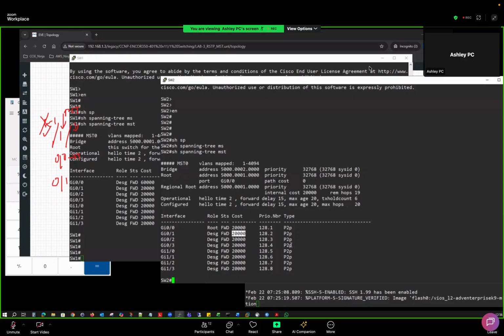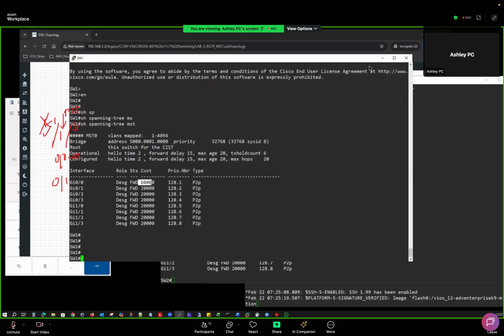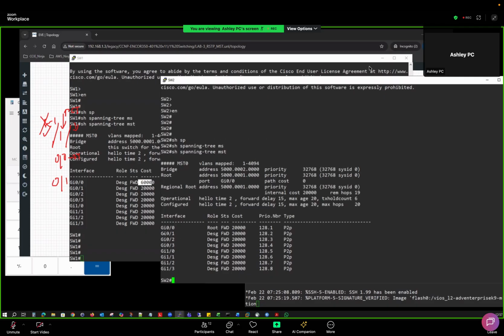Yes or no? Forty. So yes, from this one it is 60, from this one it is 40. This port has to be considered as a root port, and this port becomes your designated port.